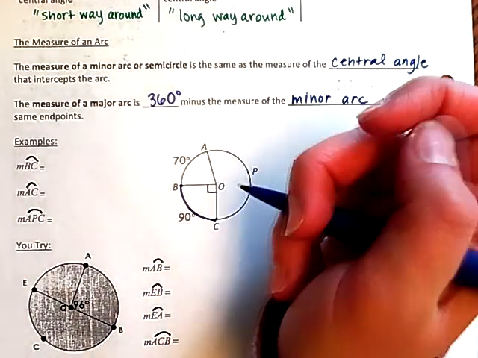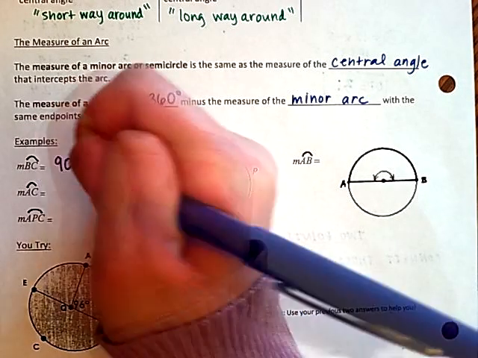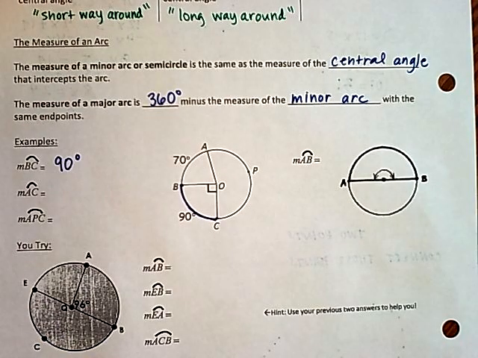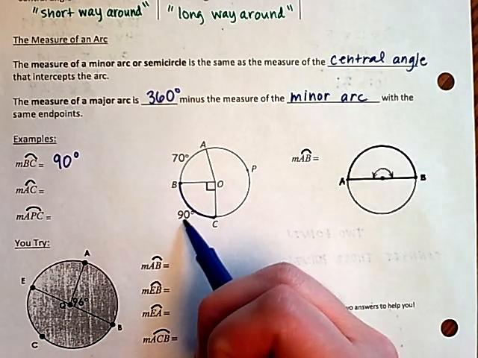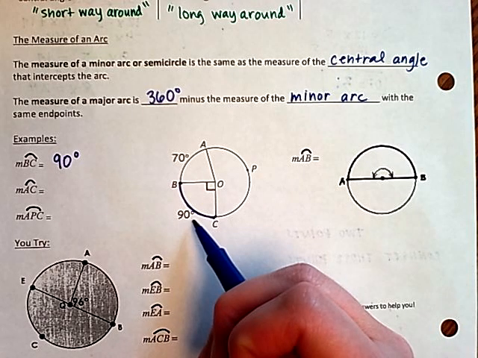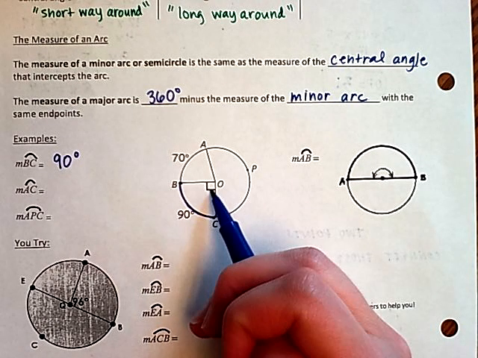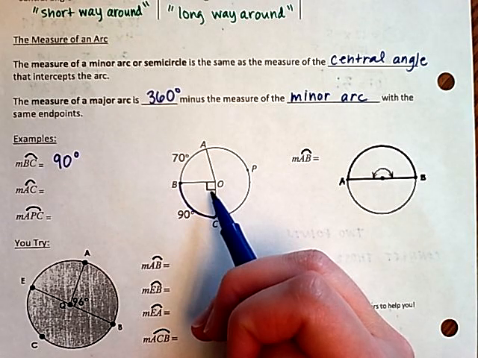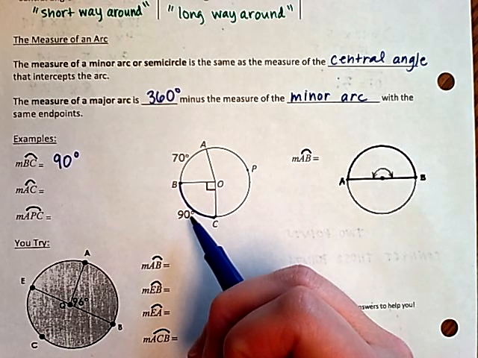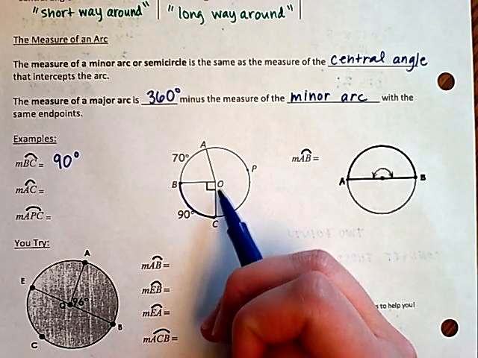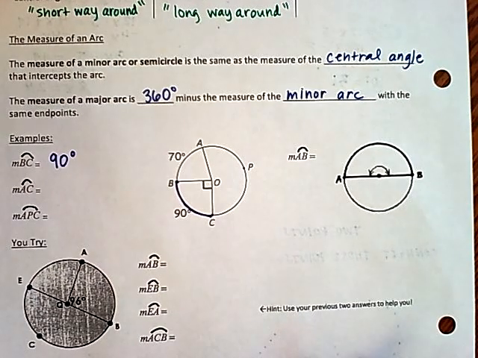I can already see that there's a right angle there, so that means that the measure of the arc is 90 degrees. The way we denote that in a diagram is by writing 90 degrees on the outside of the curve where the arc is, as opposed to writing 90 here, which would mean 90 is the measure of the central angle. But when it's out here, it means it's also the measure of the arc. And yes, those things are the same.